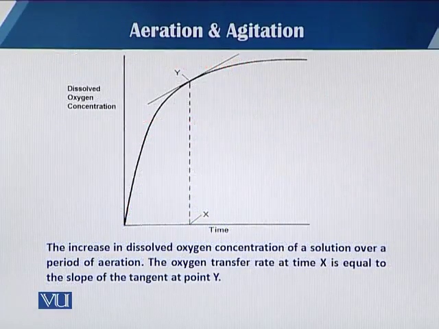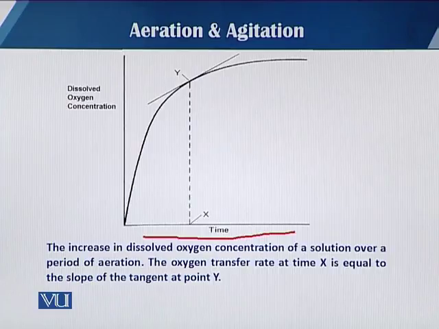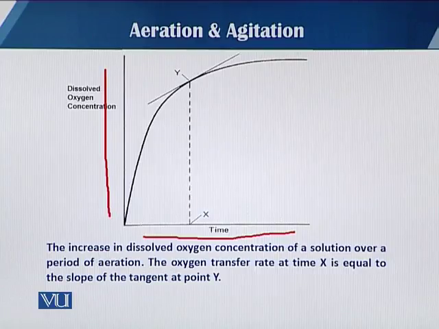Just see on this slide that the x-axis is the time, and here is the dissolved oxygen concentration. So this is the increase in the dissolved oxygen concentration of a solution over a period of aeration.